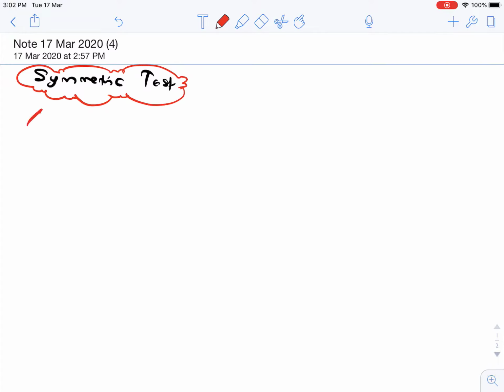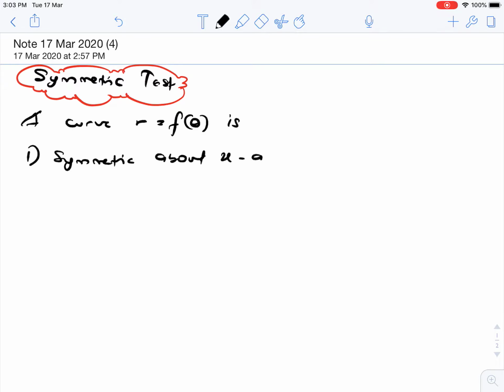A curve. Okay, let me change the color. A curve r equals to f theta is, number one, symmetric about x-axis if we can show that f theta equals to f negative theta.